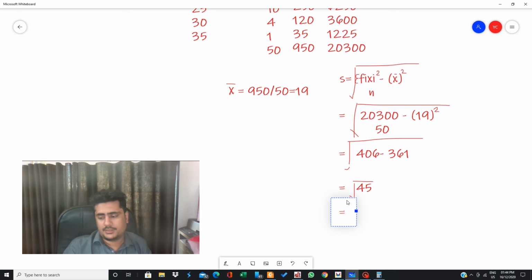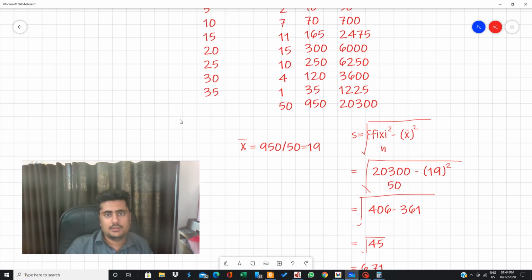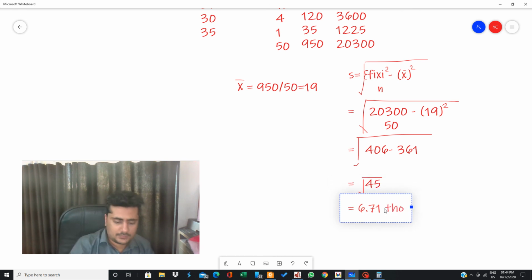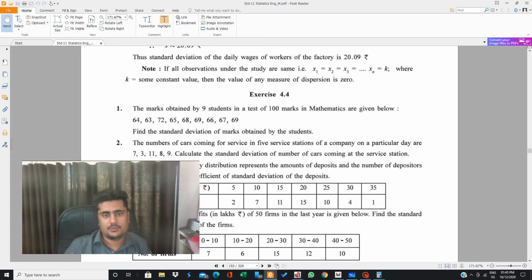The answer is 6.71. Everything is in 1000 rupees, so this is 6.71 thousand rupees.